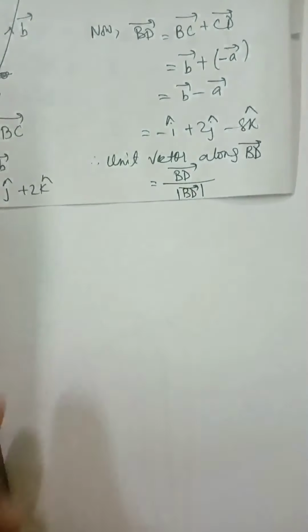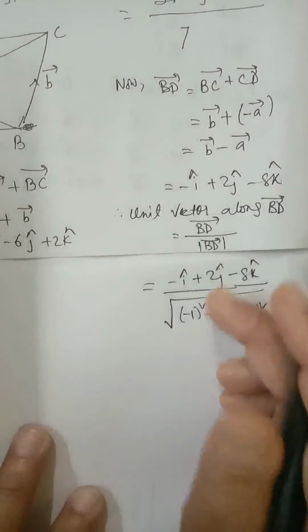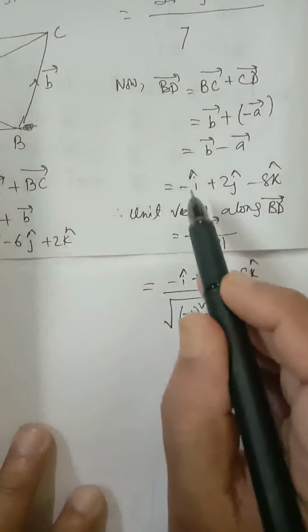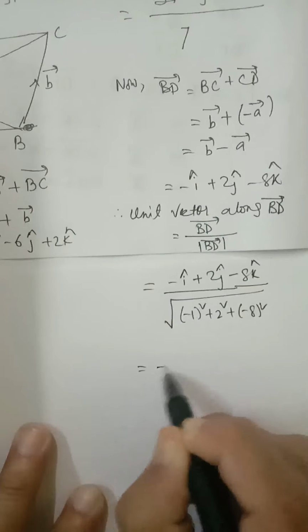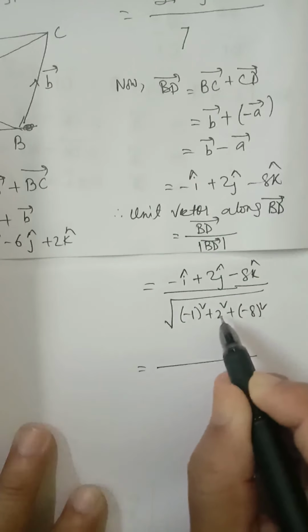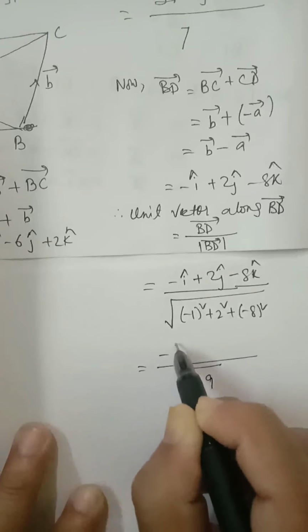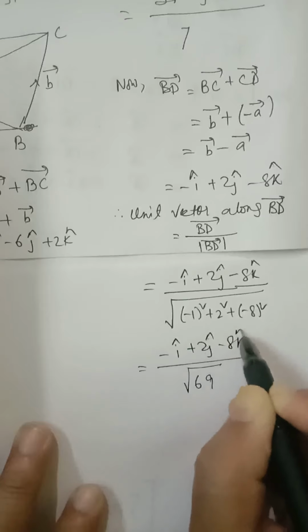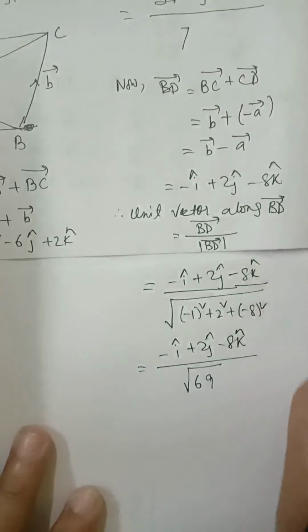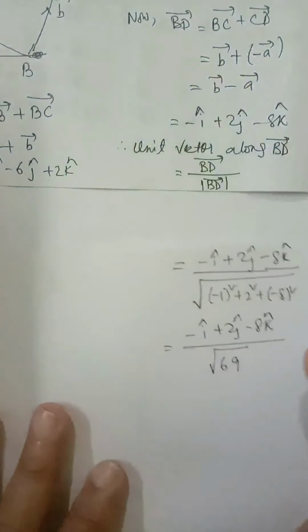This is the BD vector and this is the modulus of the BD vector. So ultimately 64 plus 4 plus 1 is root 69, and the numerator will be minus I plus 2J minus 8K. So this is the unit vector along the diagonal BD.